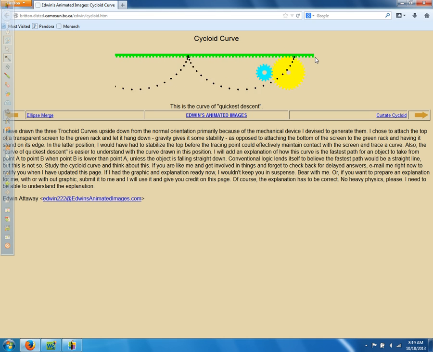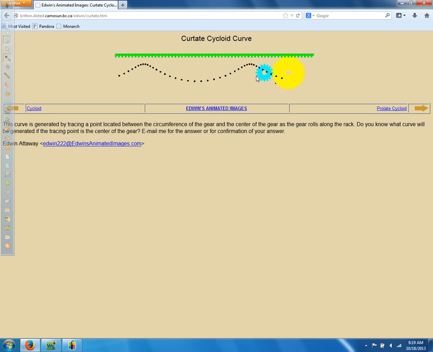And we could come up with a set of parametric equations for that cycloid. The next one is called a curtate cycloid. This is the path that a point somewhere inside the circle takes as it rolls along.